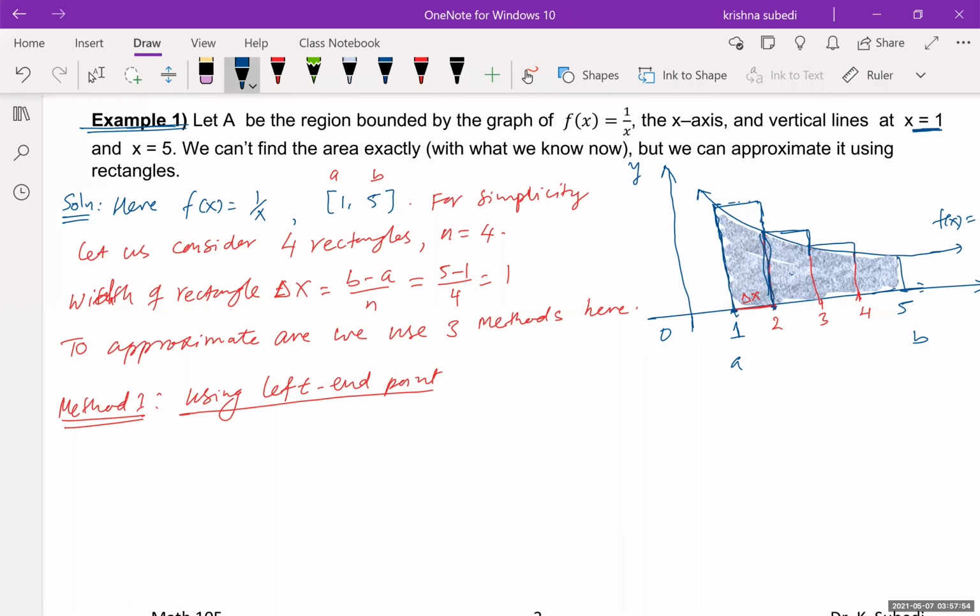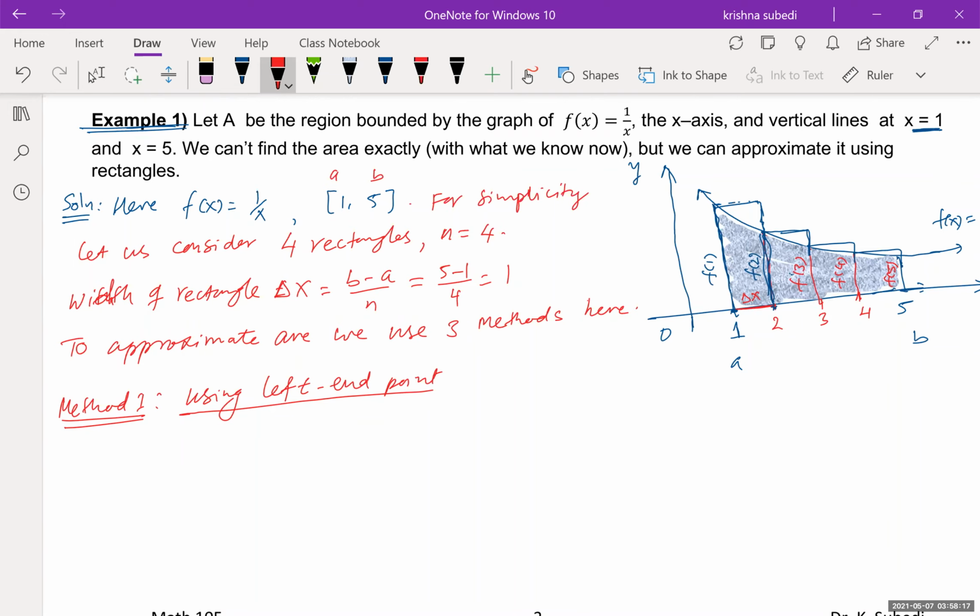The fourth rectangle will be this. Okay, so we find the heights here. This height will be f of 1, this height will be f of 2, this height is f of 3, this height is f of 4, and this one is f of 5.